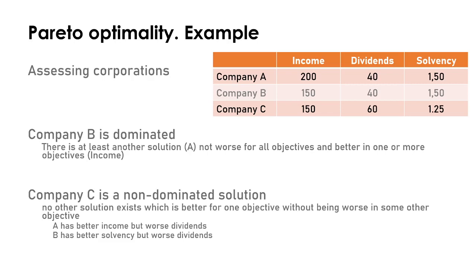So if we move to A from C, or if we move to B from C, we are worsening the dividends. So this is a non-dominated solution.